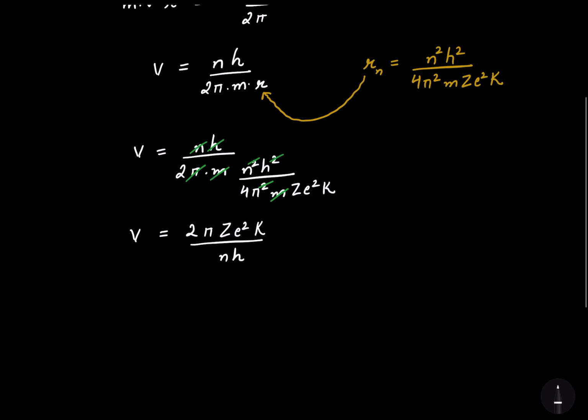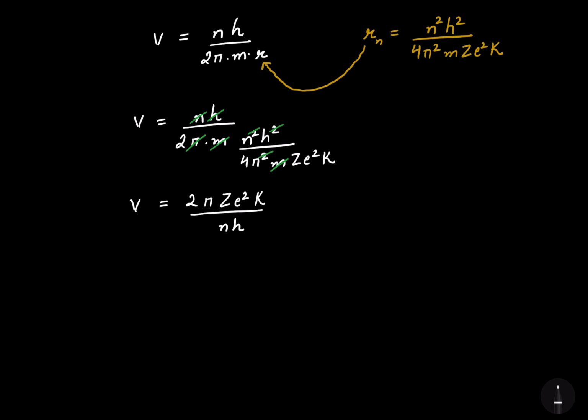Again the same way I'm separating the constant and non-constant terms. The velocity is z by n times 2 pi e square k divided by h.